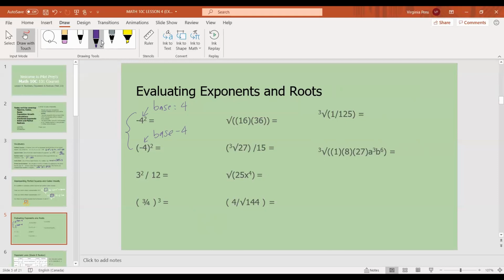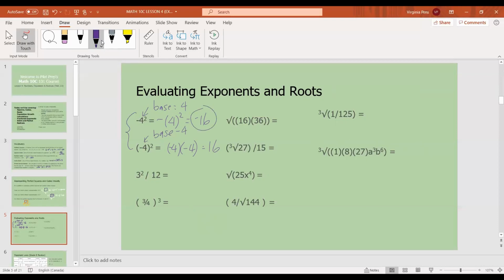Well, in this, we can think of it as the negative being outside. So first, let's just do 4 times 4, which is 16, and then we add the negative back in, which would be negative 16. Next, in this one, we actually have to multiply negative 4 by itself twice, which would give us 16, because a negative times a negative is a positive.